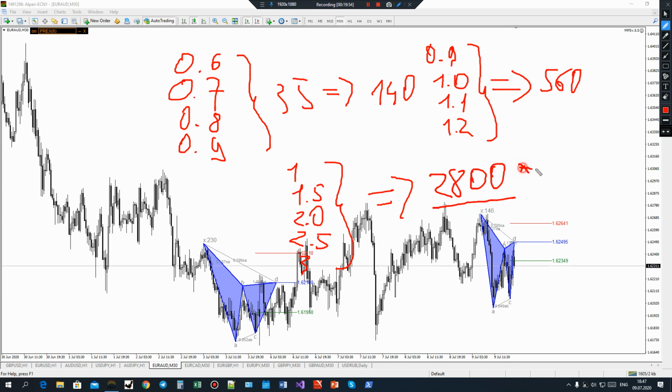So in the end we should multiply it by 1000. So the outcome is 2.8 million. 2.8 million patterns should be analyzed to find out the best pattern.